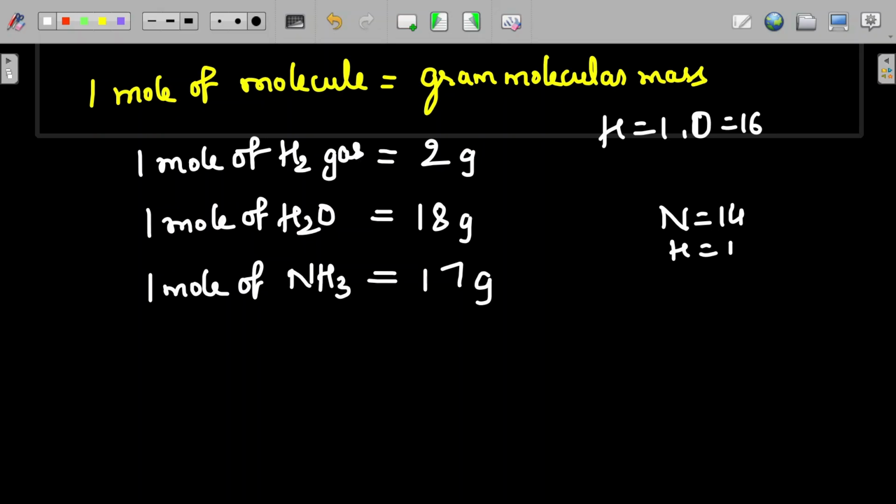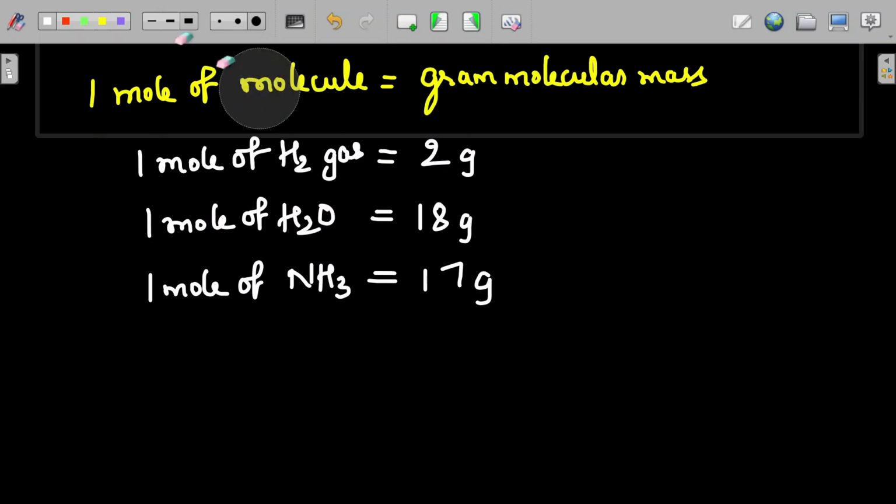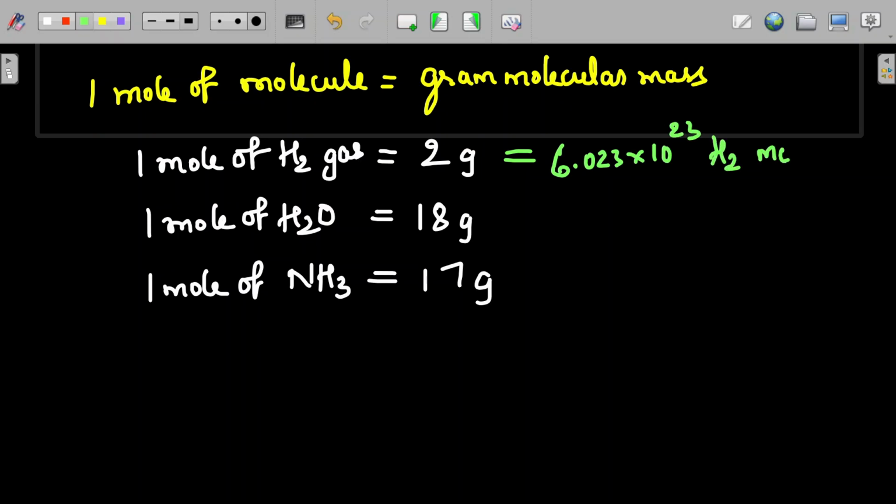Okay. Now what I will do, I will connect the first part also. What is that? Number of particles, right? So now 1 mole of hydrogen gas weighs how much? 2 grams. And what will be the number of molecules in that? 6.023 into 10 to the power of 23 hydrogen molecules.